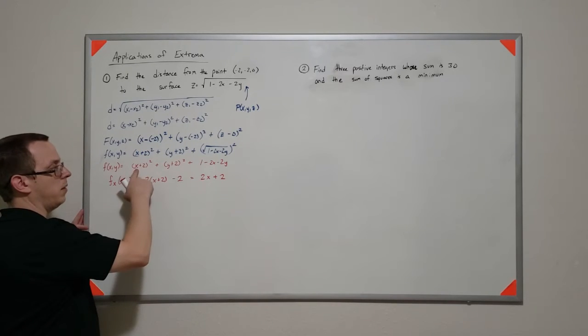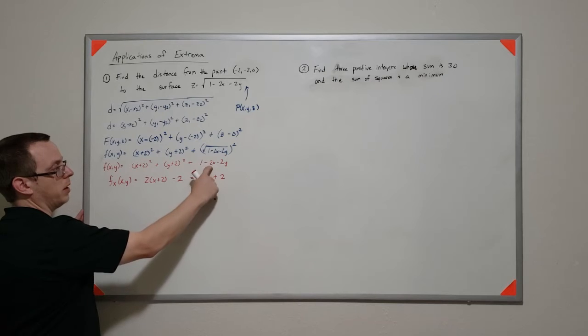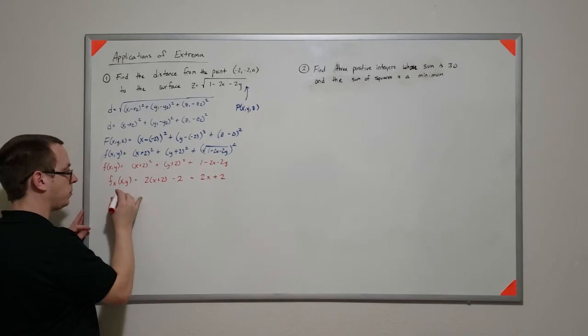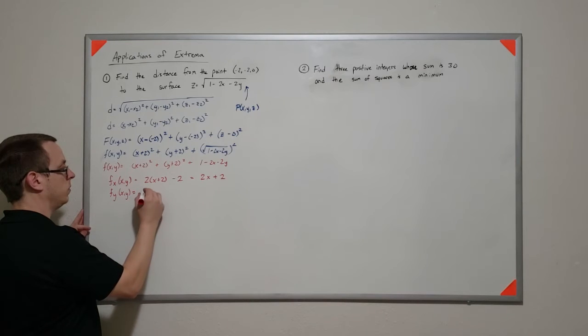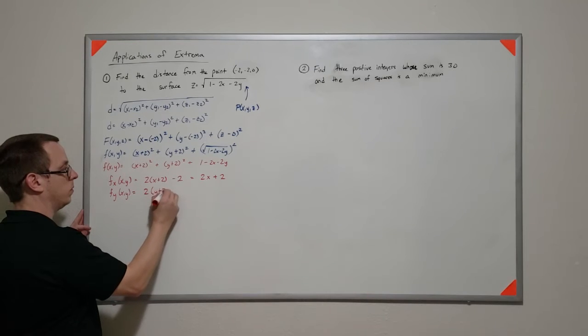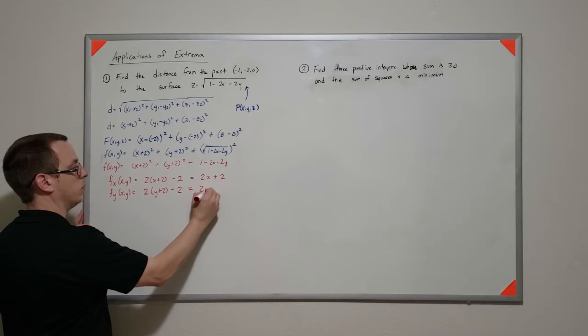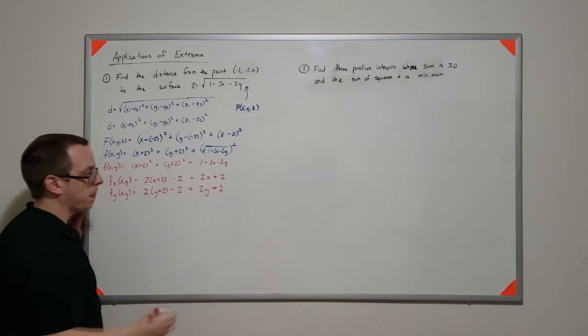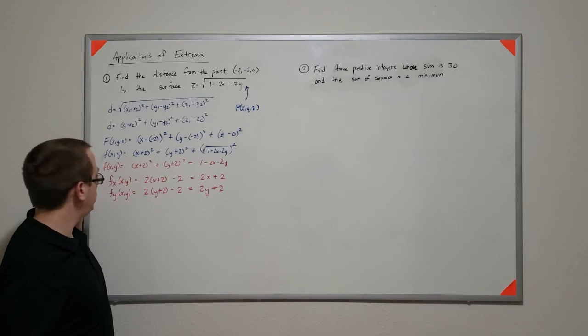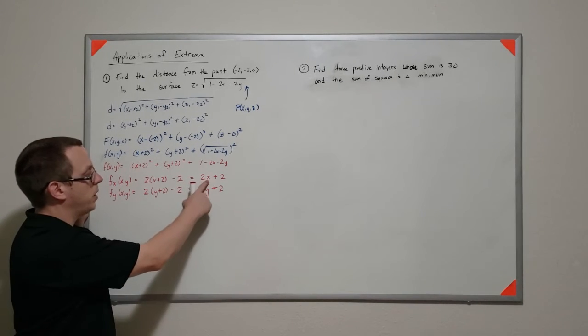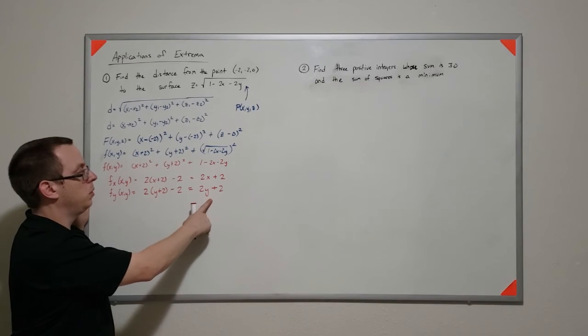So those go away, and I have this. All right, so now I have 2x plus 2 and 2y plus 2.